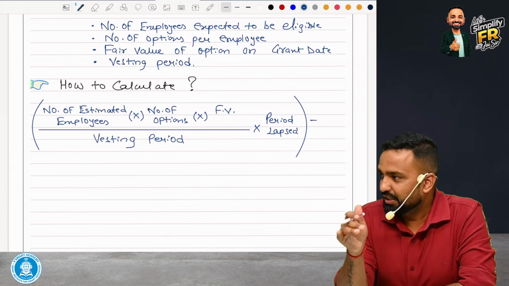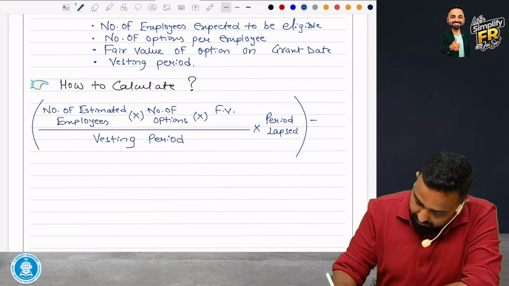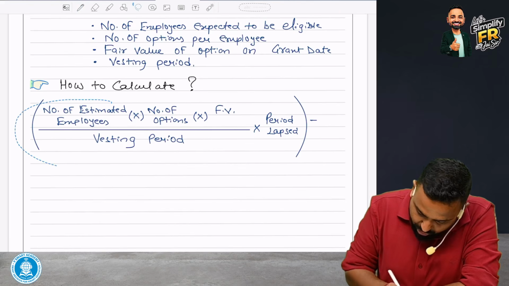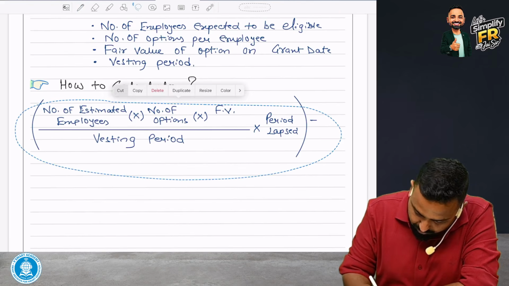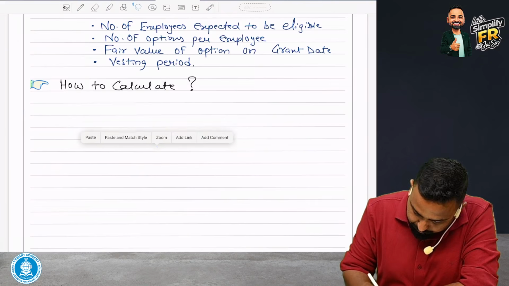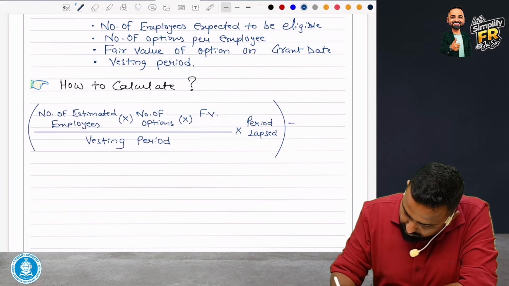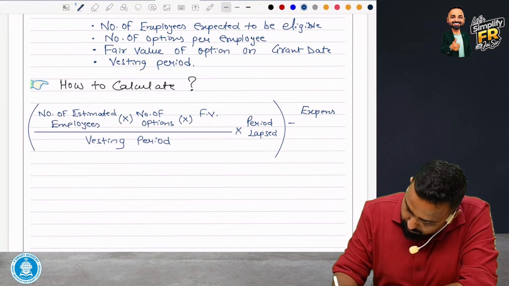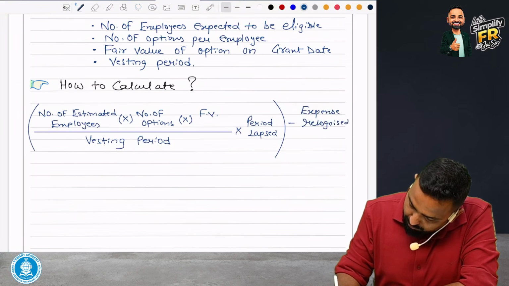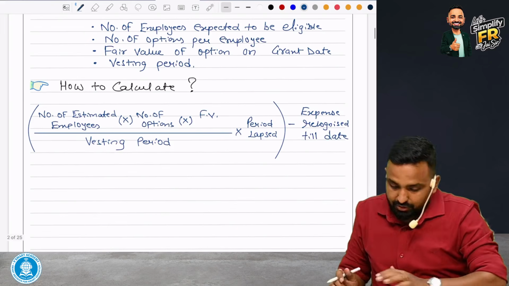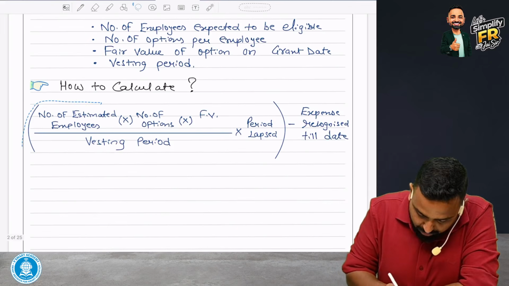Expense recognized till date. Now you can write. Minus expense recognized till date. This is the formula.